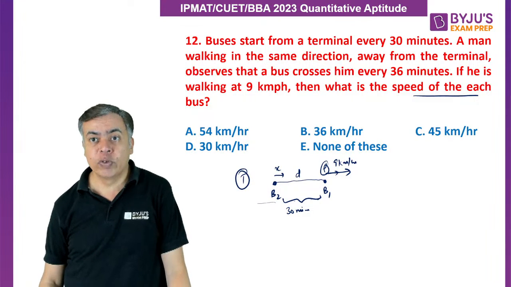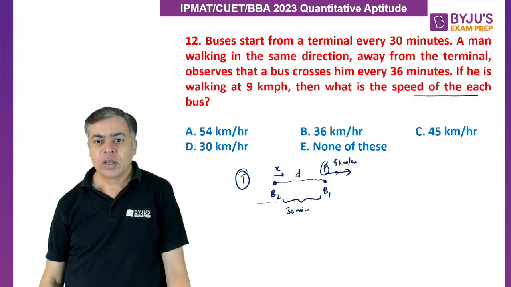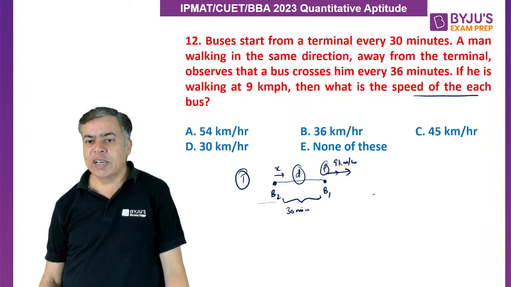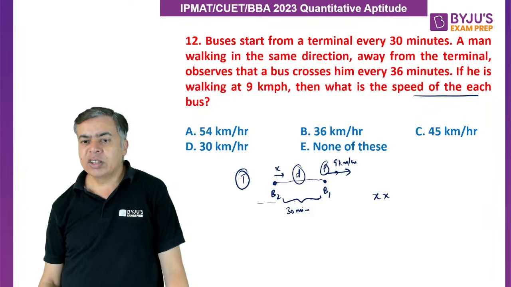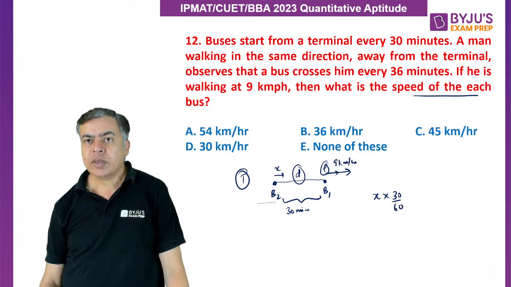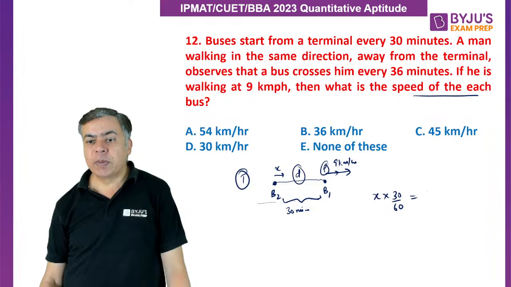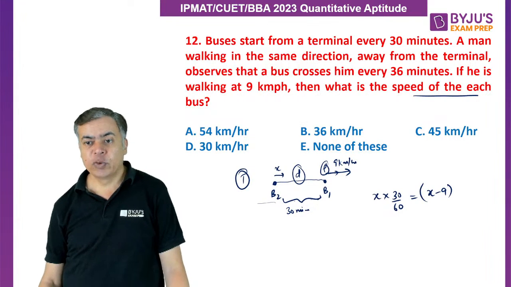Alone, this distance the bus covers at speed x in 30 minutes. The same distance the bus will travel at x minus 9 speed, because the person is moving, in 36 minutes.